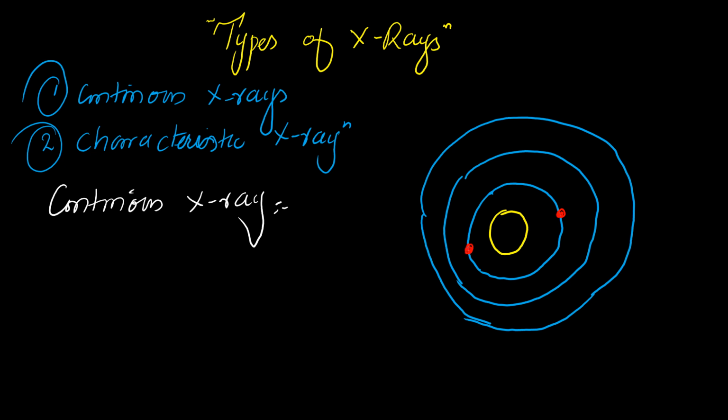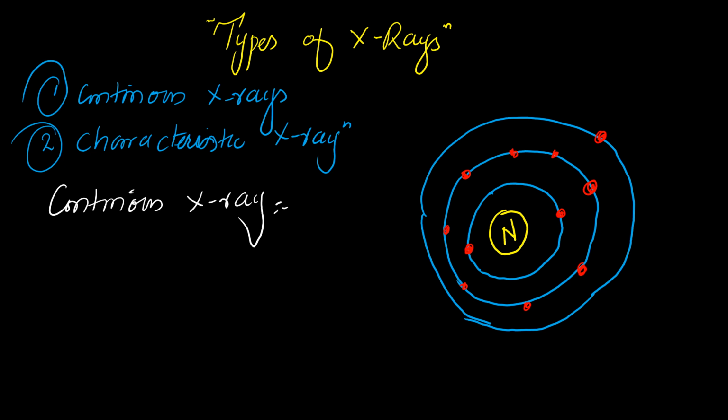Suppose N represents the nucleus of the sodium atom. 8 electrons are present in the second energy level: 1, 2, 3, 4, 5, 6, 7, and 8. Whereas 1 electron is present in the last energy level, which is known as the M energy level.